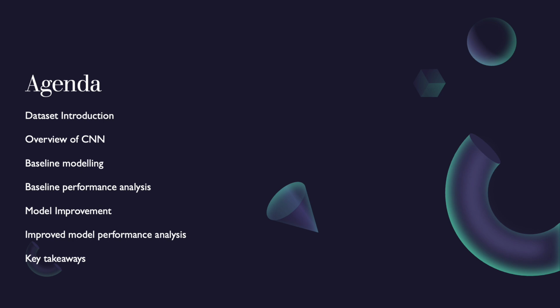We'll analyze its performance, compare it with MNIST results, and then dive into improvements that enhance the model performance. Finally, I will present our project report with key takeaways and conclusions.